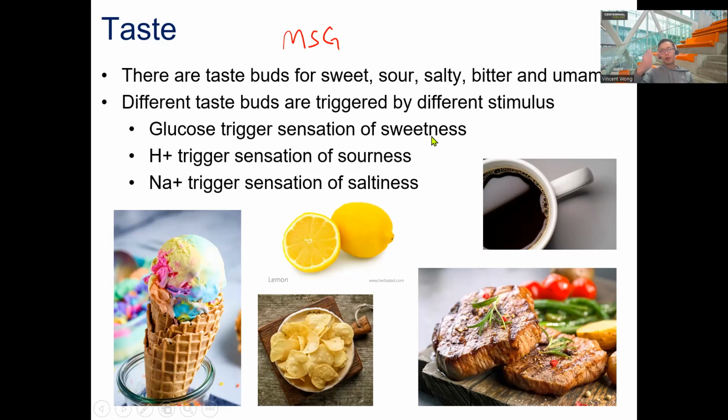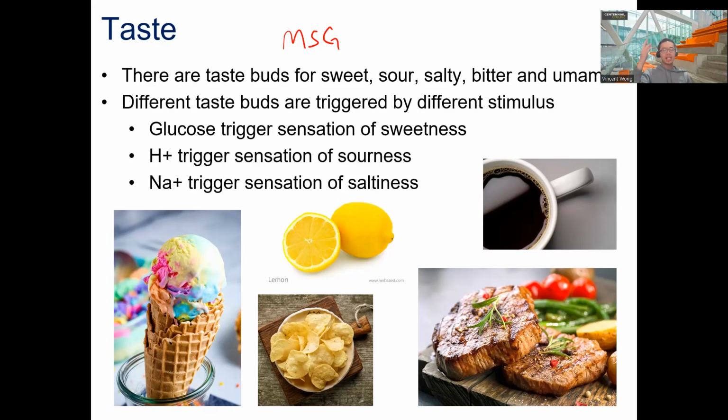You have probably seen a picture of a tongue with the different regions zoned out, like the tip is for sweetness and the side is for sour. You guys have seen pictures like that, right? That actually turns out to be wrong. Recently, they found out that it's not mapped that way.